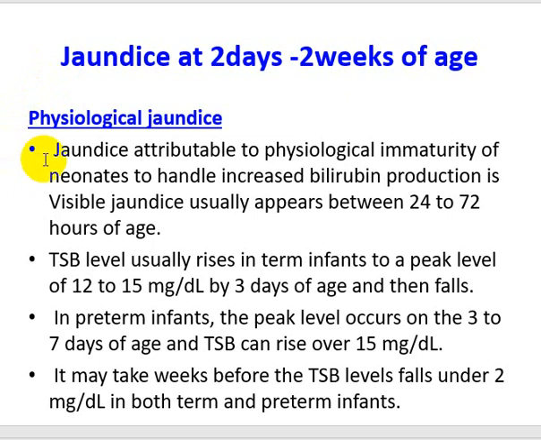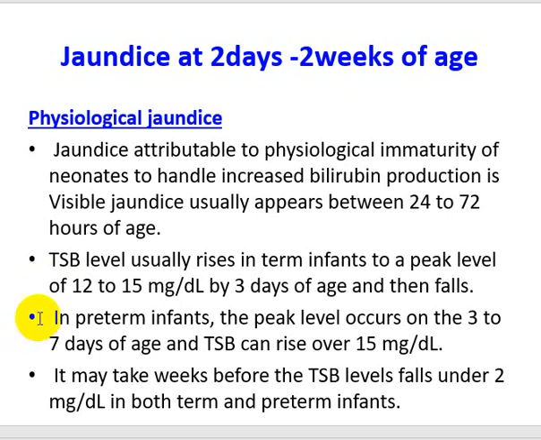Here, jaundice is attributable to the physiological immaturity of the neonate, because the neonate cannot deal with bilirubin production, and it appears after the first day to 3 days of life. And the total serum bilirubin rise is not more than 12 to 15 milligram per deciliter. The peak is at 3 days, then it falls later on.